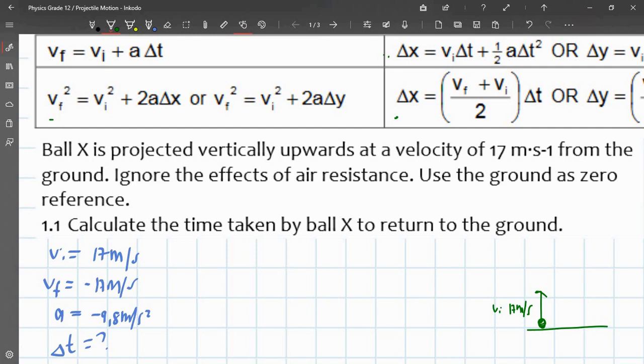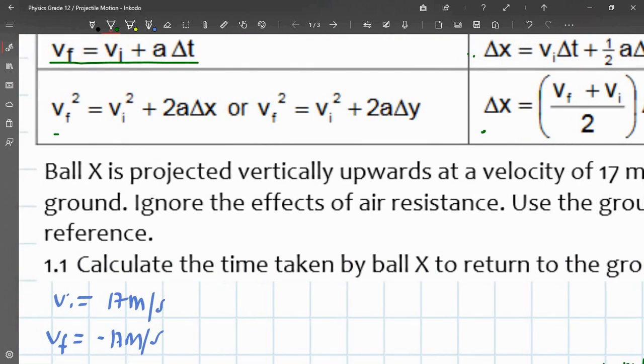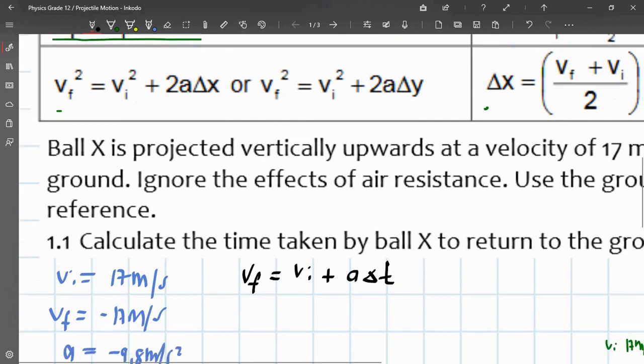The only one that deals with time and doesn't involve position is this equation here. So that's the equation we use. The equation is given as final velocity is equal to initial velocity plus acceleration and change in time.